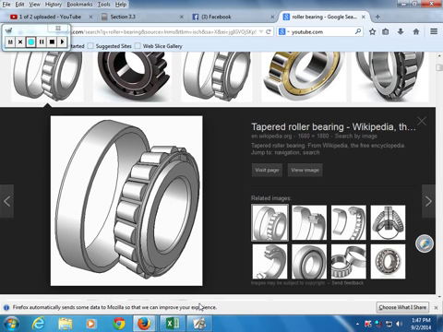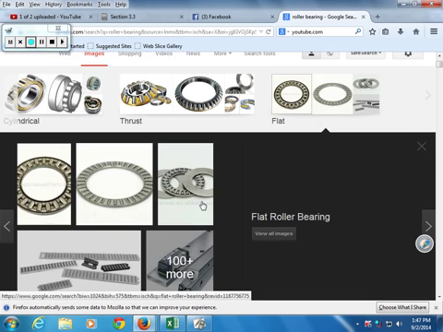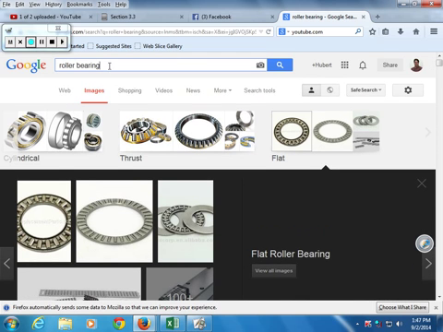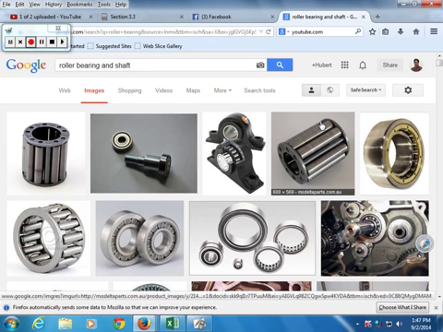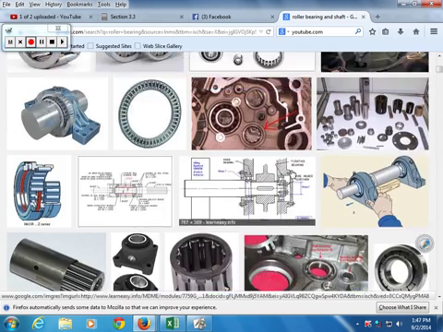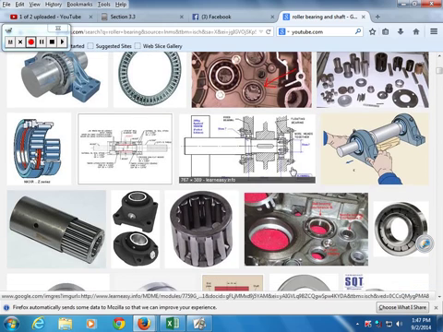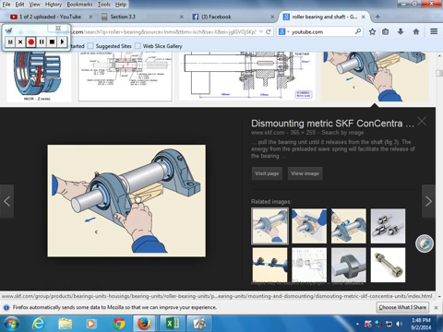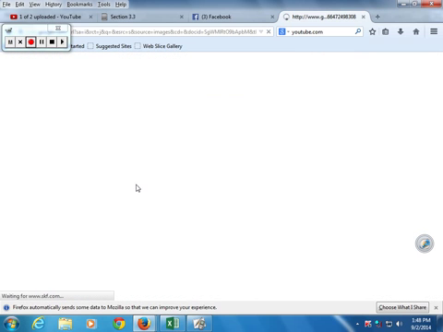Just bear with me. Where do you use bearings? Anywhere there's a shaft. There's a good picture of a shaft right there. I wish I could blow it up. No, that's not going to work.